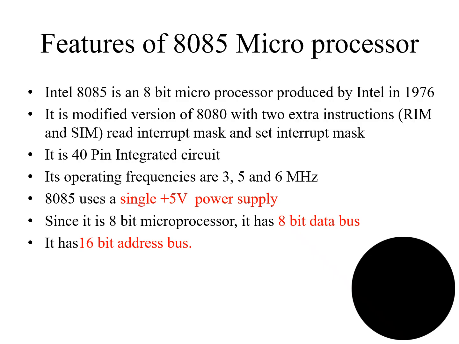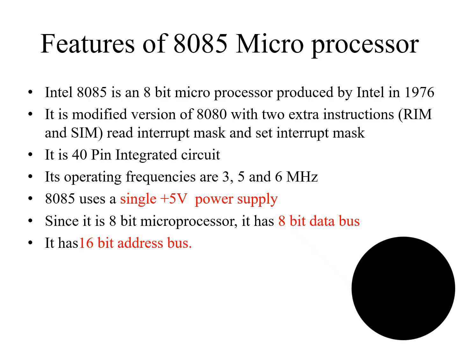Why is it called an 8-bit microprocessor? As I already told you, it can process 8 bits of data at a time. Now the question may come to your mind: what is 8 bit? 8 bit is a combination of zeros and ones of 8 digits.